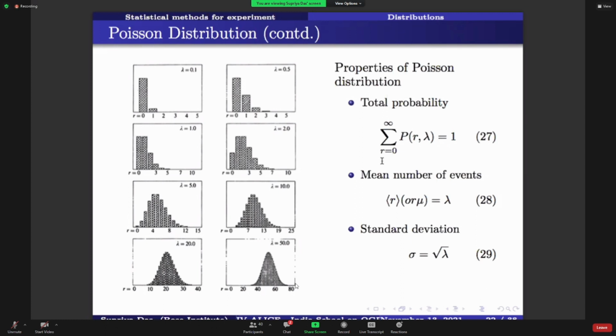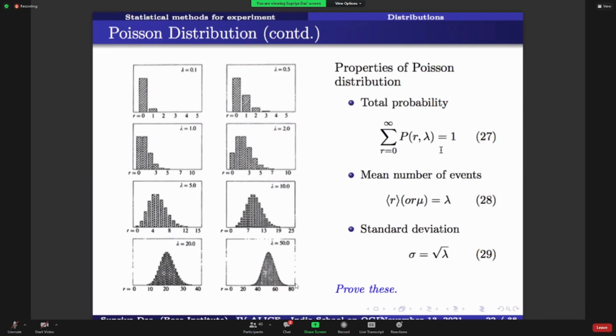The Poissonian distribution has properties, like the total probability is given by this, the mean number of events is given by this, as we discussed, and the standard deviation of this distribution, sigma, is given by square root of lambda. Once again, I would like to tell you that you prove these relations or properties by yourself.